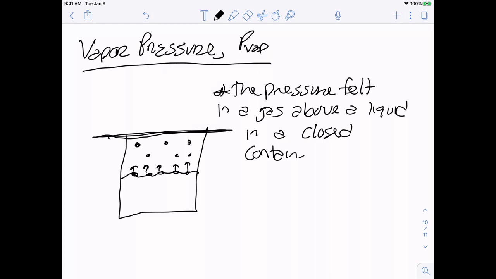So our liquid's evaporating, those gas particles have nowhere to go. The more gas particles I have, the higher the vapor pressure. They're going to collide more often if I have more gas. Increase your number of moles, you increase your pressure.